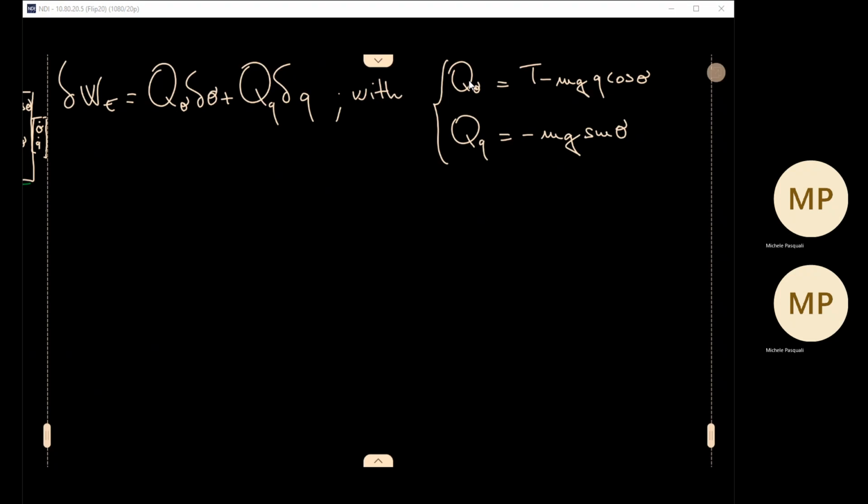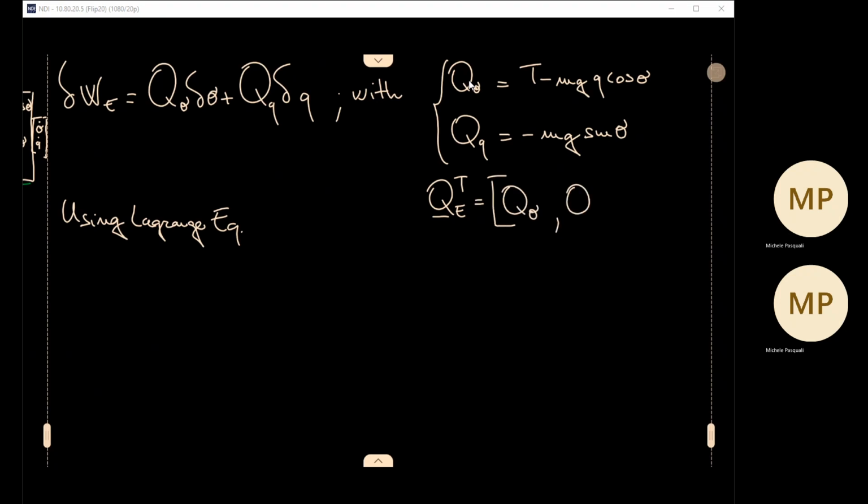Okay? So using Lagrange equations, all of this is conservative already. So Q E, which is Q theta and Q q, is our conservative part. So all the forces here are conservative. There is no friction, there is nothing.